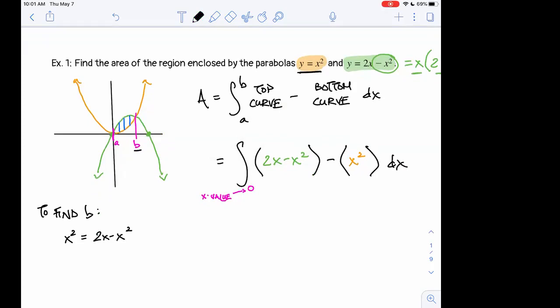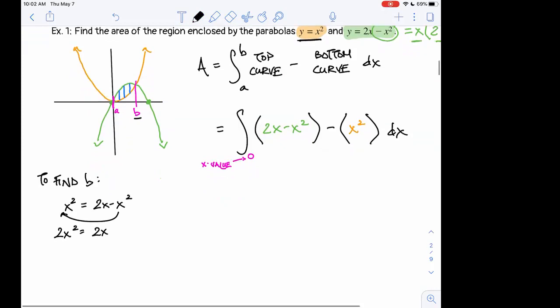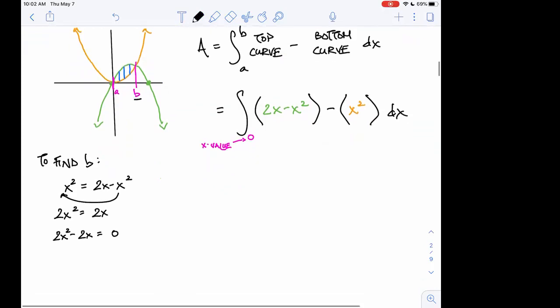So I'm going to move this x squared to that side, so I'll get 2x squared equals 2x. I want us to be really careful here. I don't want us to just divide the 2's away. I actually want us to move everything to one side and set it equal to 0. And I'll show you why in just a second.